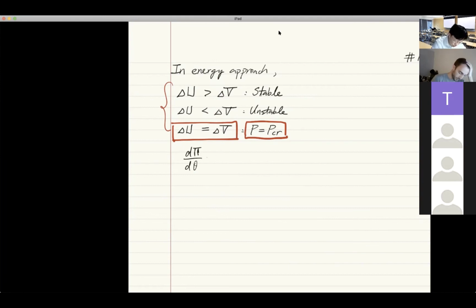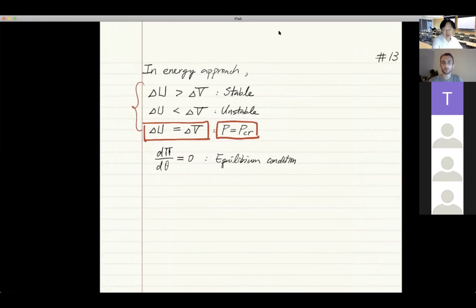When this derivative is 0, we call it the equilibrium condition. But this information does not indicate just the structure's condition at buckling, it's actually for post-buckling.